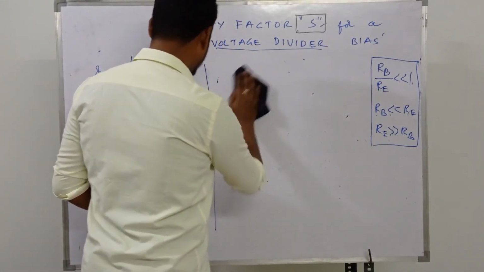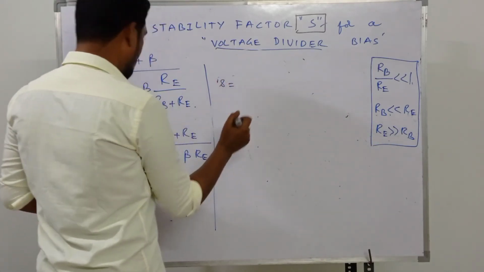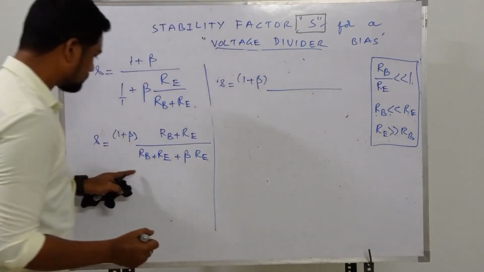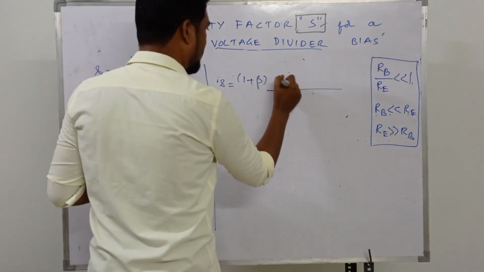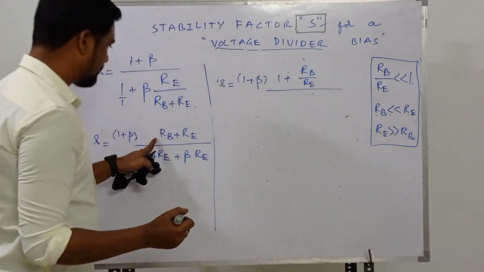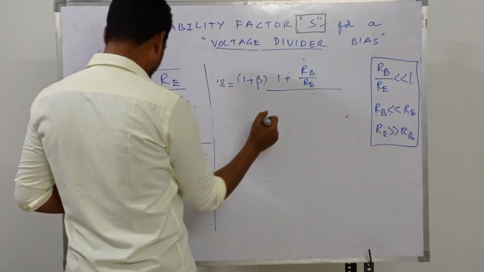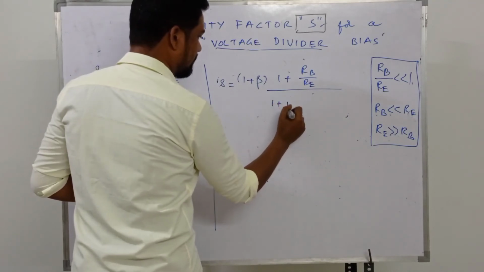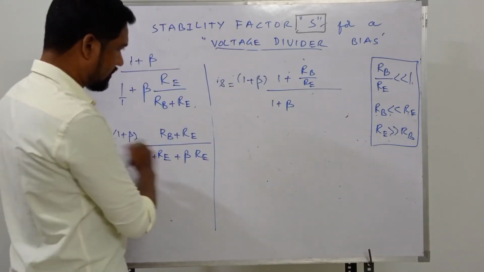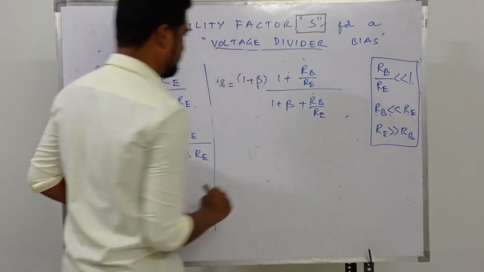So guys, going back again to this one, what did we have? Taking out RE as common, remember S is equal to 1 plus beta, we had it as it is. Taking out RE as common, we'll have 1 plus RB by RE in the numerator. RE got cancelled, isn't it? So again, RE got cancelled, and what do we have? 1 plus beta, from here RE came out, plus RB by RE. Remember this one?